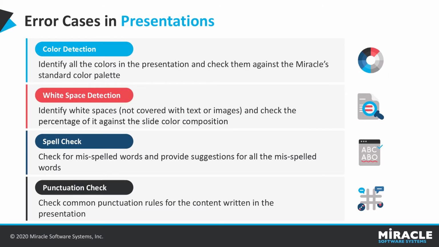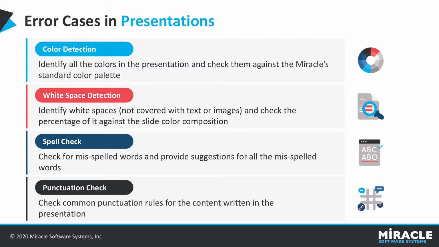We have a set of standard colors for Miracle that we use everywhere, like across the websites, documents, presentations, graphics, etc. In case an employee uses non-Miracle standard colors, they are compared to the Miracle standard colors, and the module finds out if it is a non-Miracle standard color or not, gives out the RGB color code of the non-Miracle standard color, and also tells us in which slide it is included. That is about color detection.